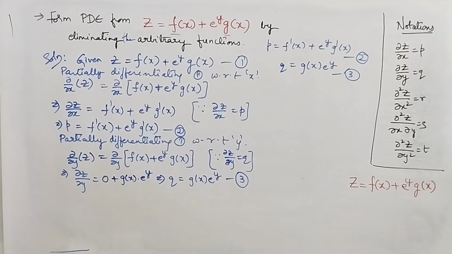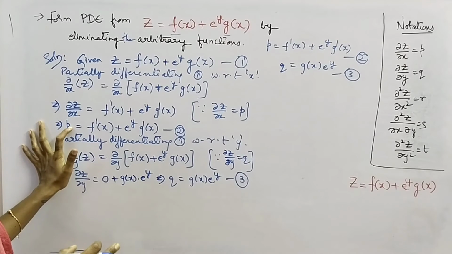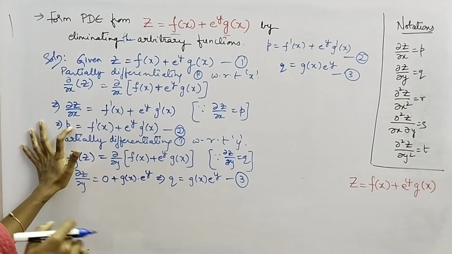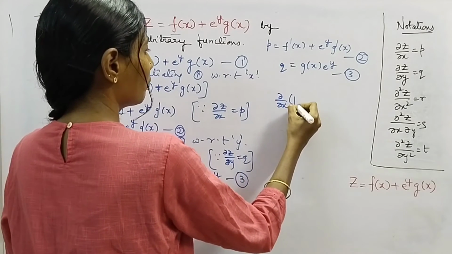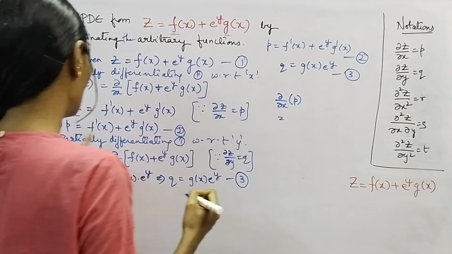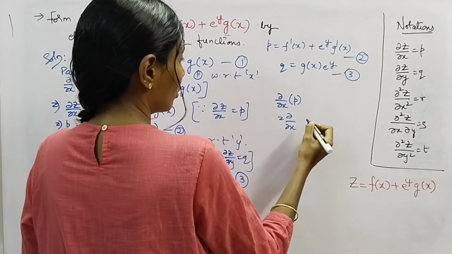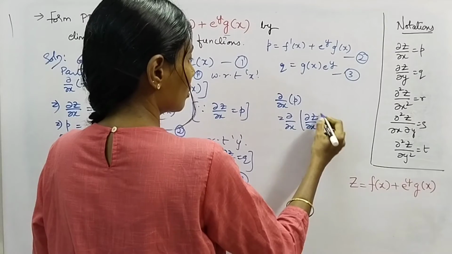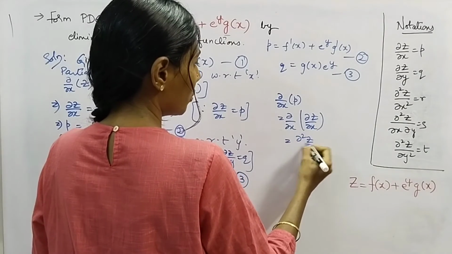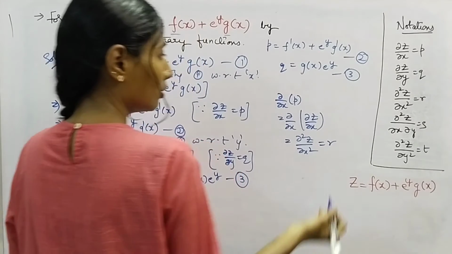Right, now we'll partially differentiate 2 with respect to x. What will we get if we partially differentiate 2, which is p, right? p is nothing but dou z by dou x, which gives us dou square z by dou x square, which is our r, right?